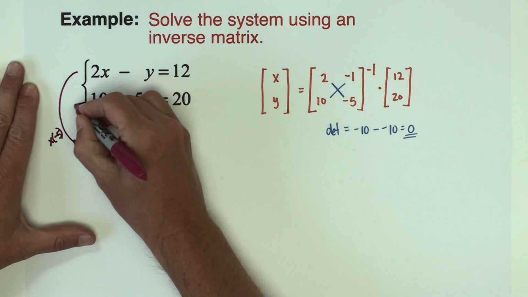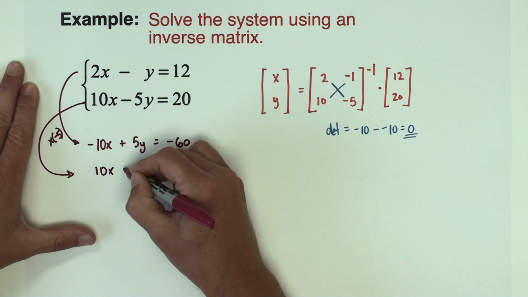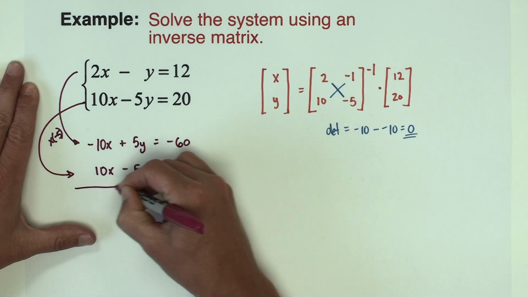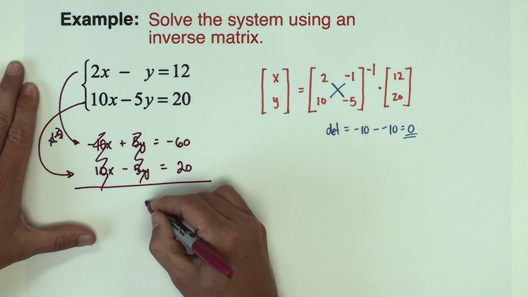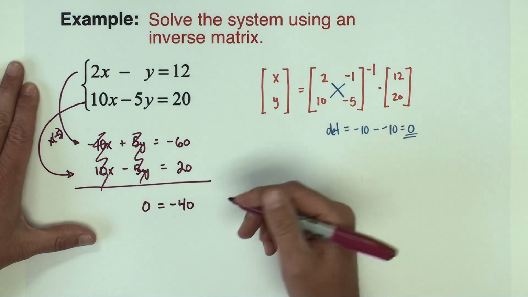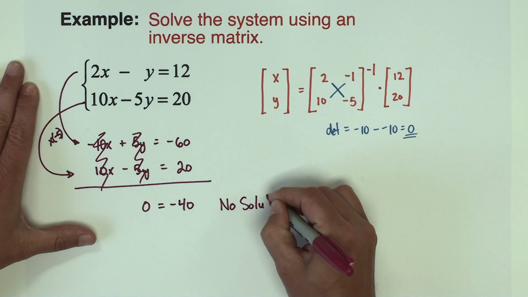I would leave this bottom equation unchanged. And what happens, very quickly I can see that the x's add to 0, the y's add to 0. We get 0 equals -40, which 0 is not equal to -40, which means that we have no solution.